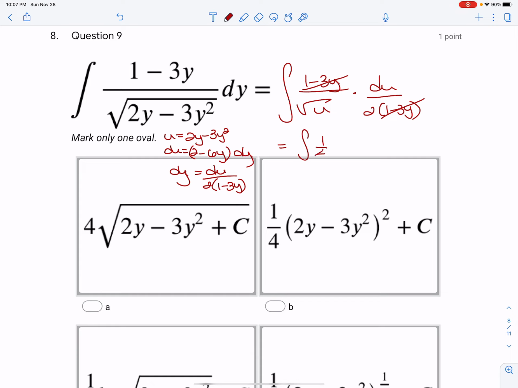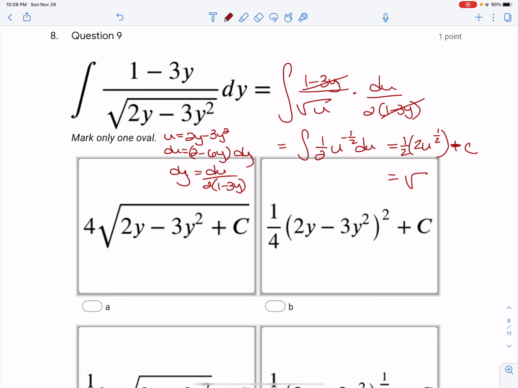So this is 1, I keep wanting to write 1/4, 1/2 u to the negative 1/2 du. So then this is negative, nope. This is u to the 1/2. That would be a 2, and then this is multiplied by a 1/2, and then a plus c.